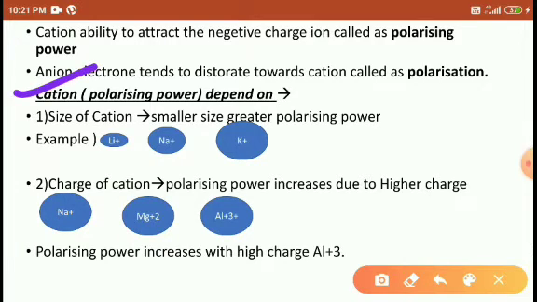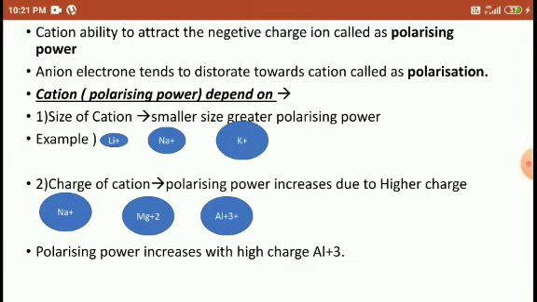What is the role here? Which cation shows strong polarizing character? It depends on the size of the cation: the smaller the size, the greater the polarizing power.